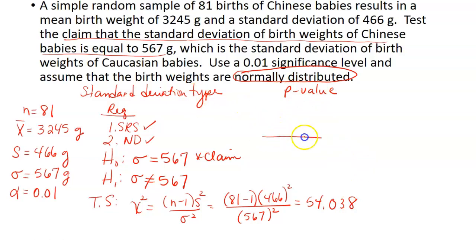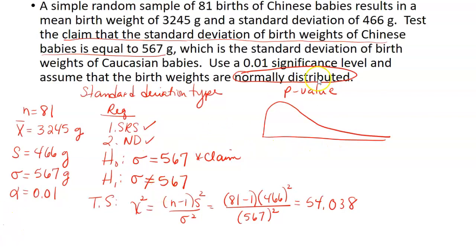So now we're ready to find our p-value. Remember, for the standard deviation ones, we're using a chi-square distribution that's skewed. So on this one, we're going to need to decide which side to put it on because it's a two-tailed test. So if I look at my table A4, which is the chi-squared table, and I look at 80 degrees of freedom, then what I'll see is this test statistic actually fits more on the left side with the values than it does on the right side.